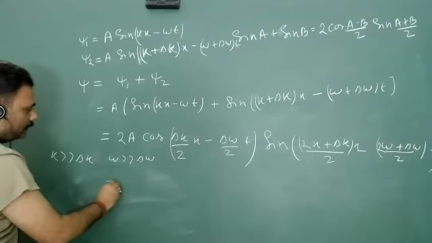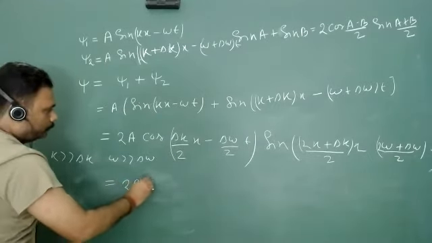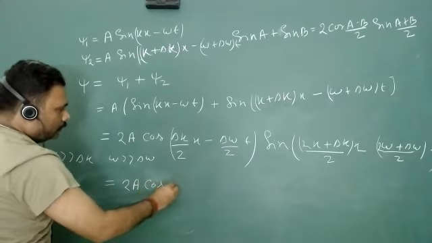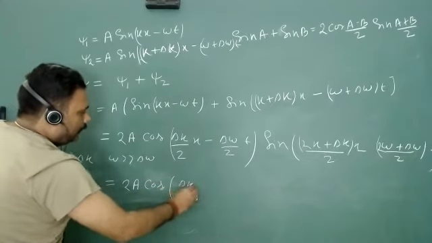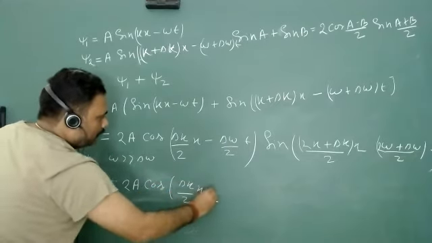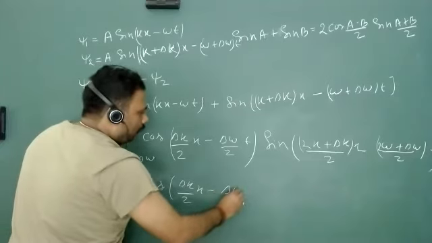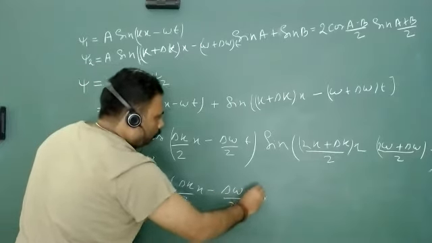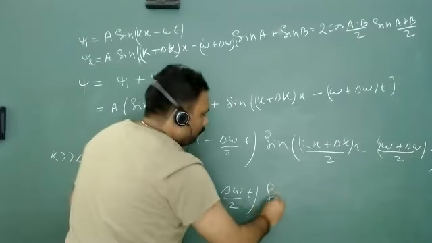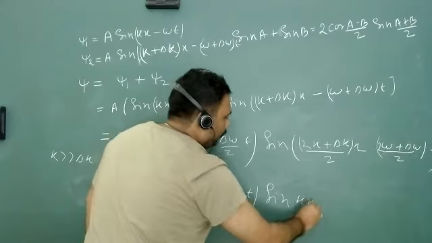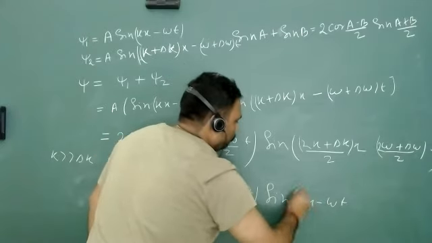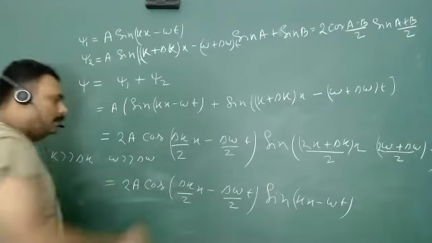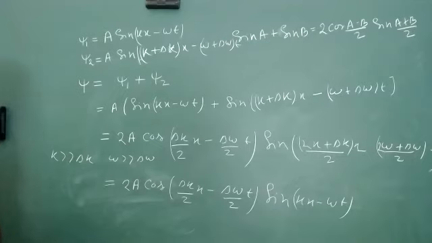The final answer is 2a cos(delta k by 2 into x minus delta omega by 2 into t), and here is the sine(kx minus omega t). So this is the thing. Now look at what you have got. So this is the psi.